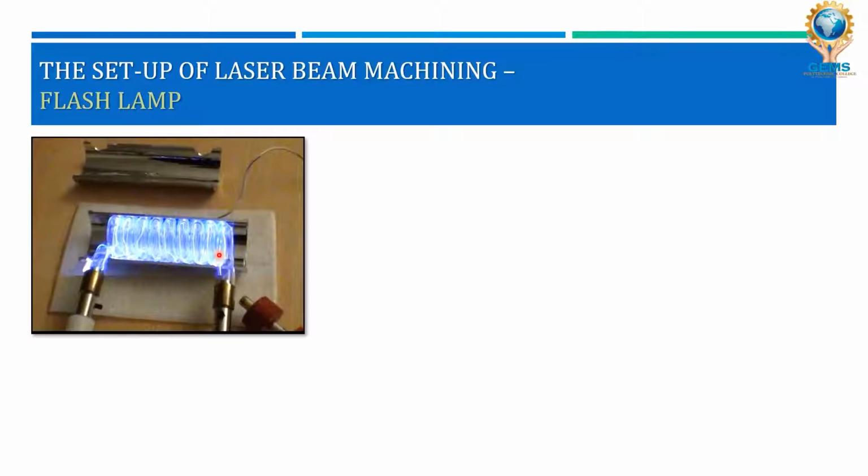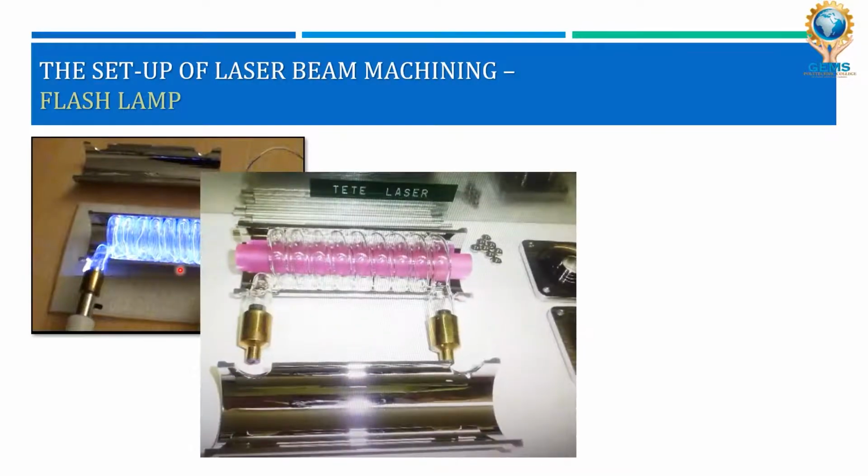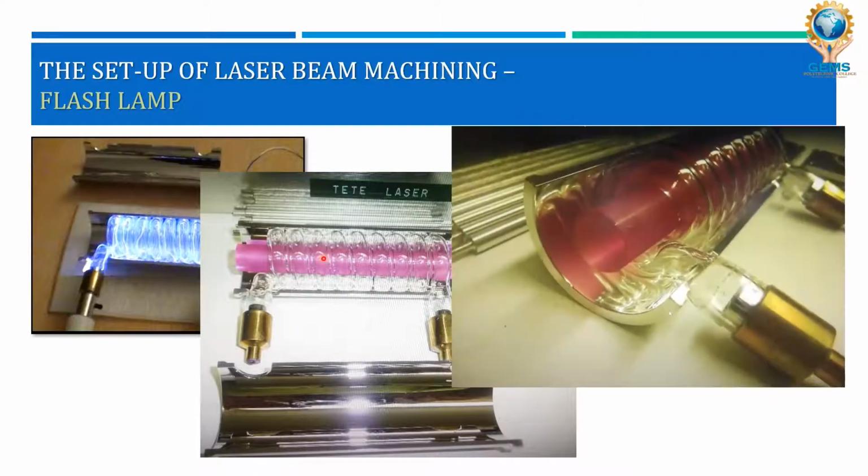This is how the actual flash lamp looks like. You can see without the emission, this is just like a glass tube, and inside the glass tube it's filled with gases like xenon, argon or krypton, and this pink color is the ruby rod, which is surrounded by the flash lamp, and you can see it clearly.